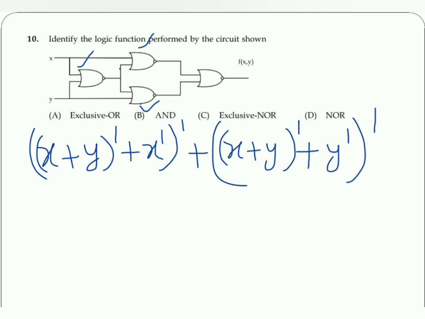So this is the output of this logic gate. Now let us solve this given expression.